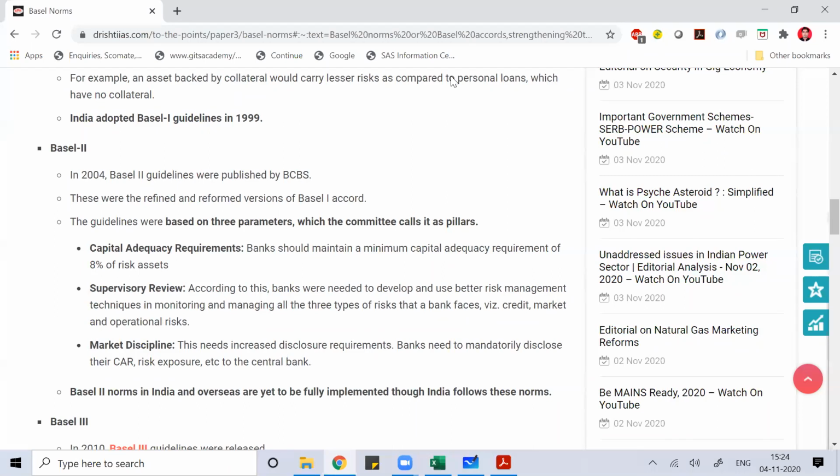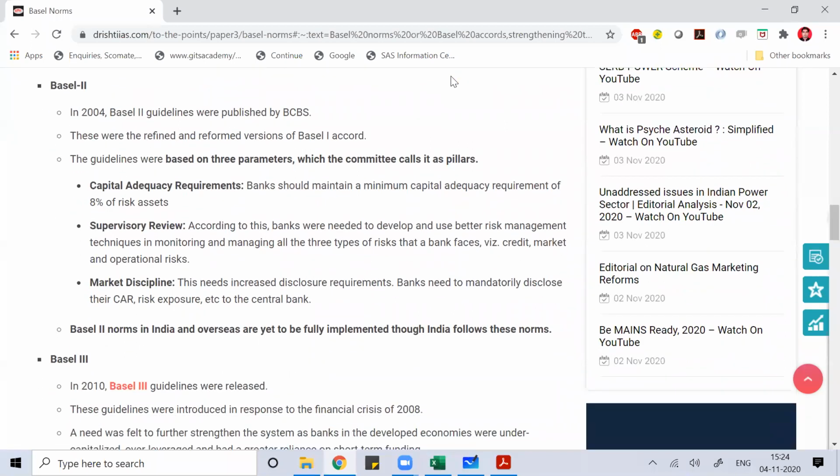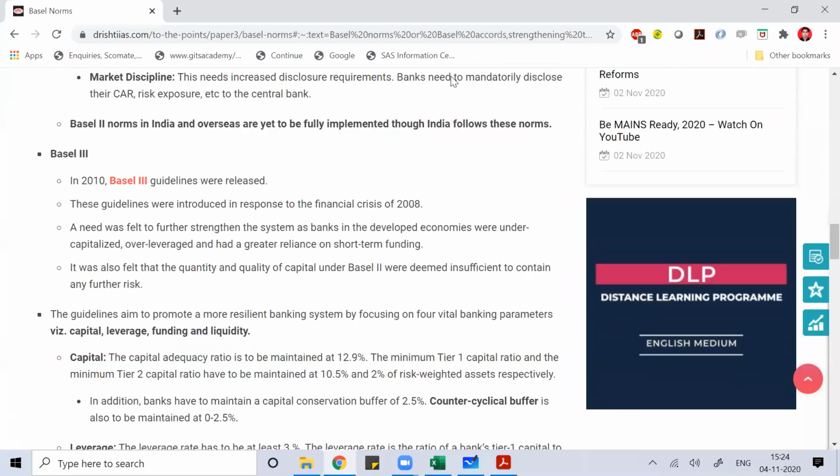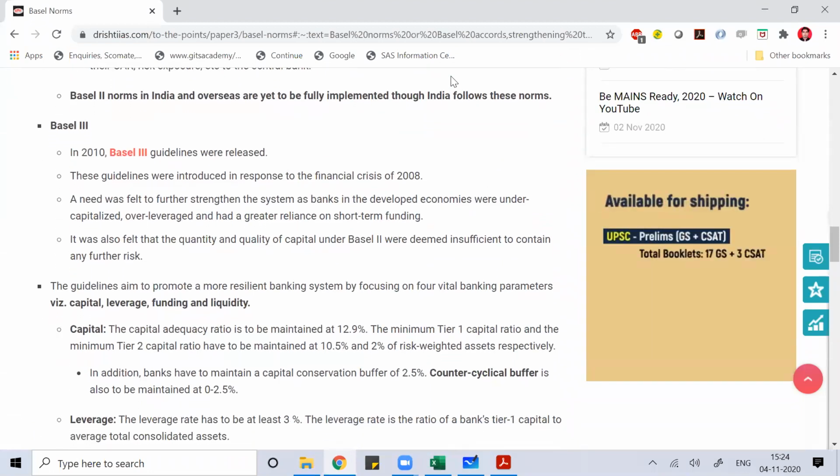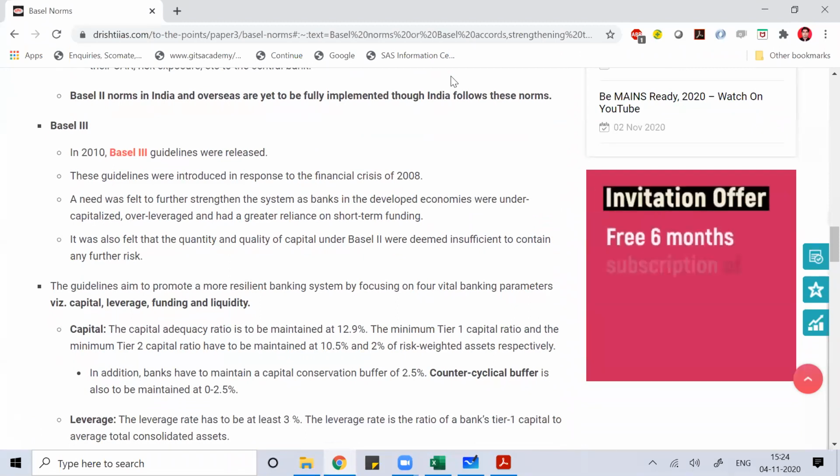So now we are into Basel 3. If you go for an interview at a financial institution, they will ask you about Basel 3. The Basel 3 guidelines came up in 2010. These guidelines were introduced in response to the financial crisis of 2008.